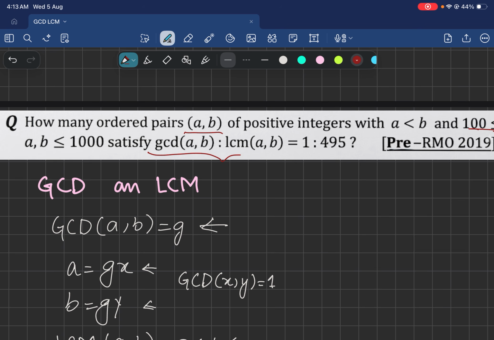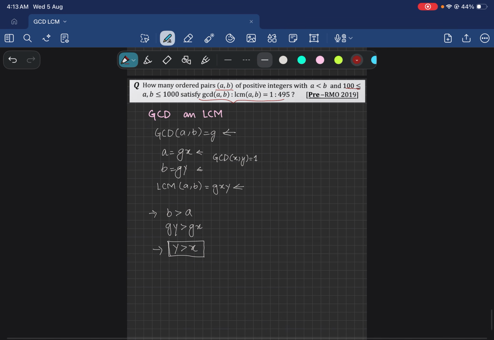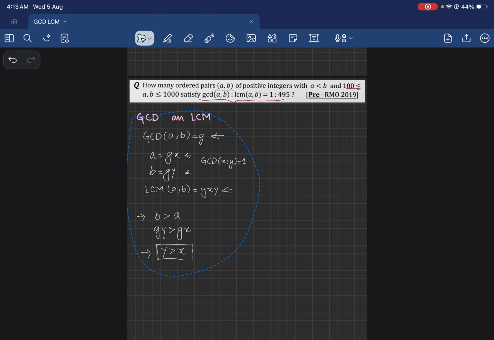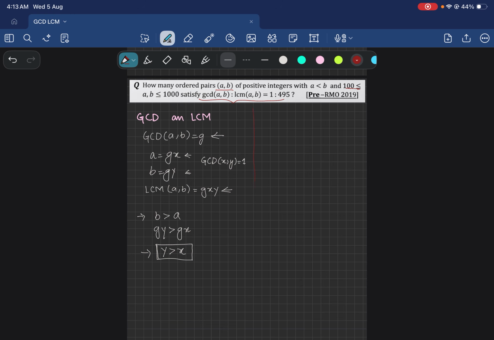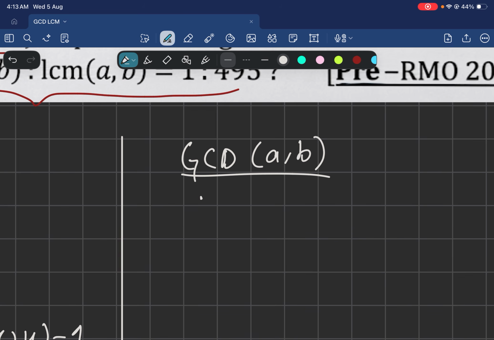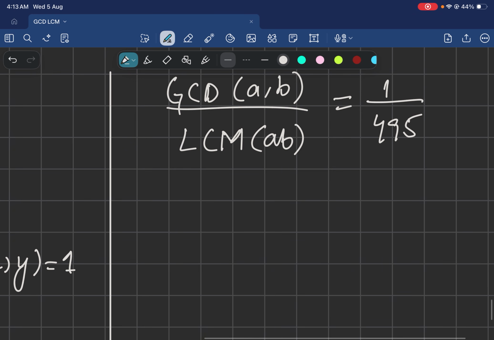So this is an important result that we get from using the given. So let's apply it, and it says this satisfies this relation, right? So if we apply this whole thing on this relation, the relation says that GCD of AB over LCM of AB is equal to 1 over 495.